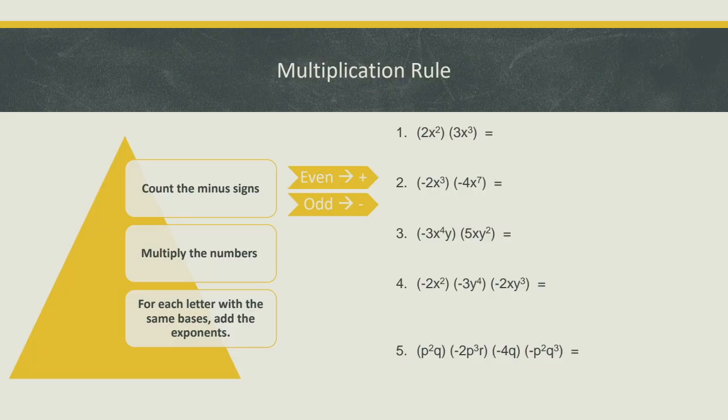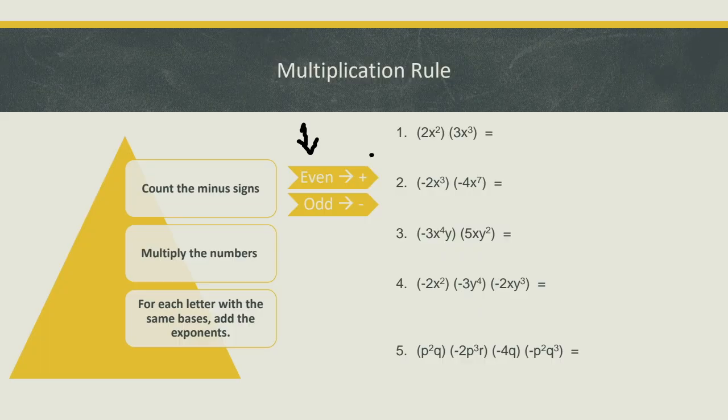If I have an even amount of minus signs, so 2, 4, 6, 8, 10, then my overall result will be positive. If I have an odd number of negatives, then my overall sign will be negative. So we're going to count how many minus signs we have, then multiply our numbers, and then for every letter that has the same base, we're going to add the exponent. So we're tying all of these rules together.